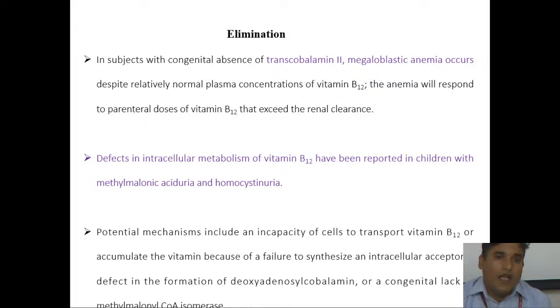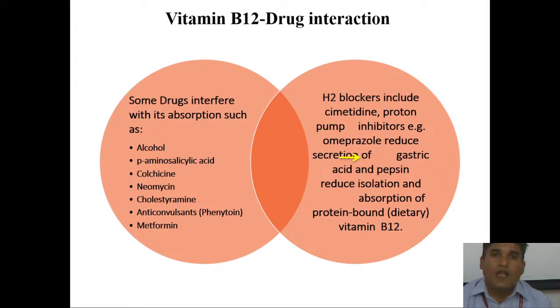Deficiency of intestinal absorption of vitamin B12 has been reported in children with methylmalonic aciduria and homocystinuria. That is the common problem.